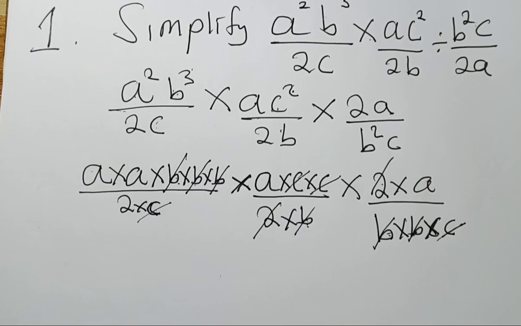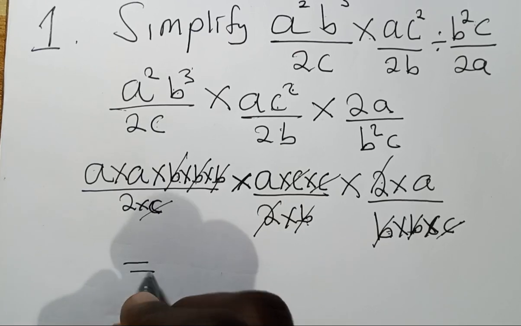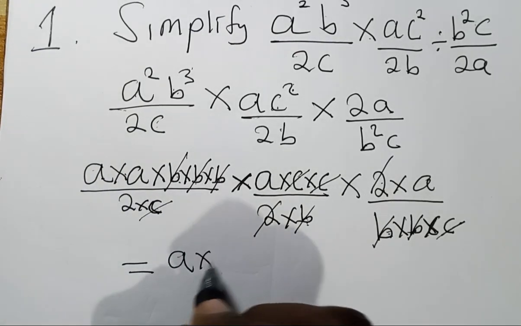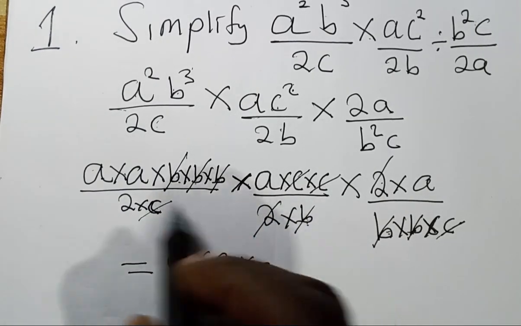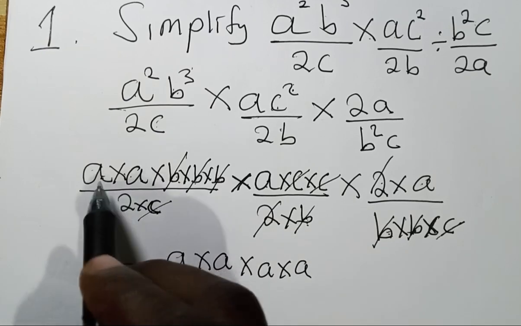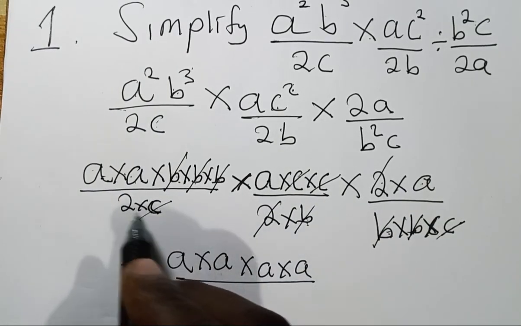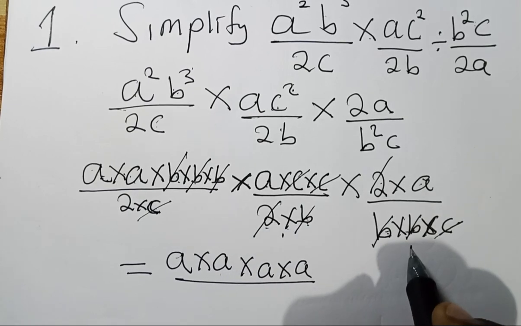Then in this case, we are going to write what is remaining. Here we have an a multiplied by an a here. What else? Multiplied by 1, 2, 3, and that 4 there. You have a multiplied by a multiplied by a multiplied by a, over on the denominator. Once you cancel here, there's a 1 here, and there's also a 1 remaining here.